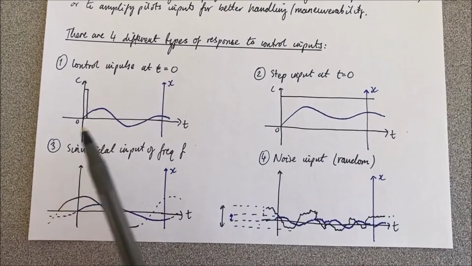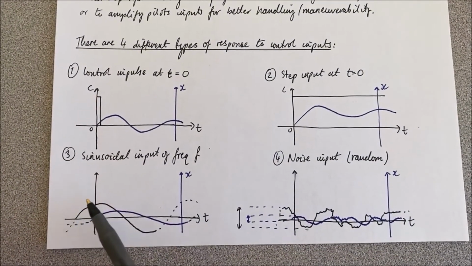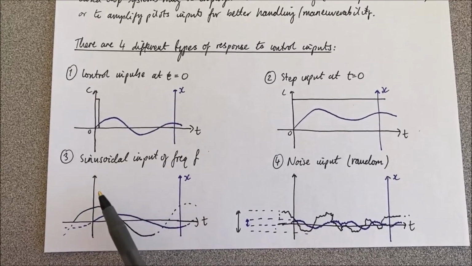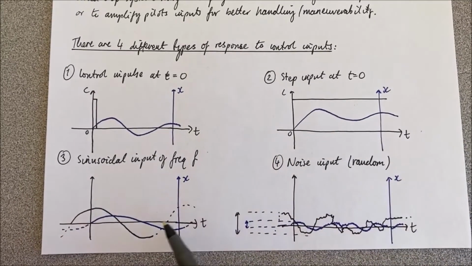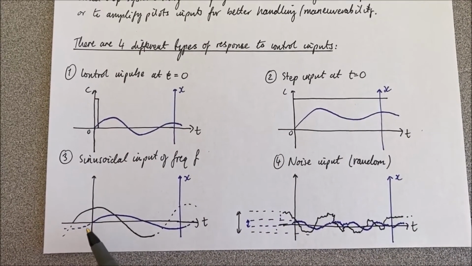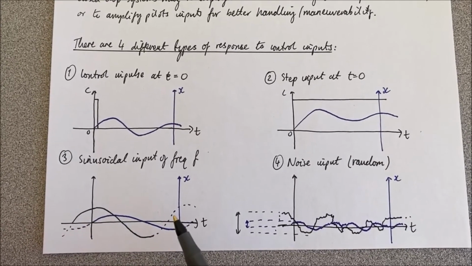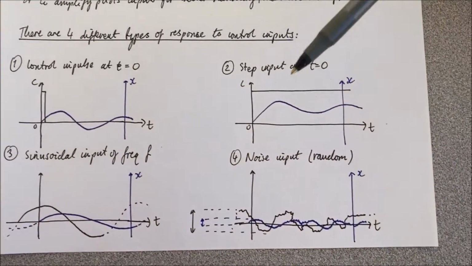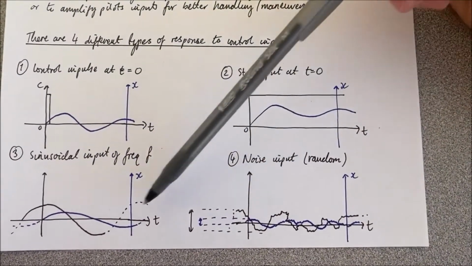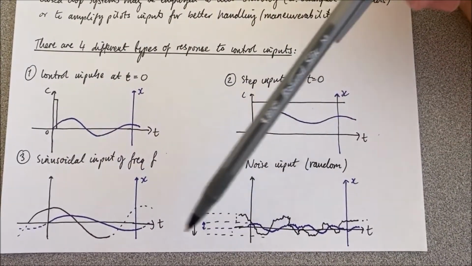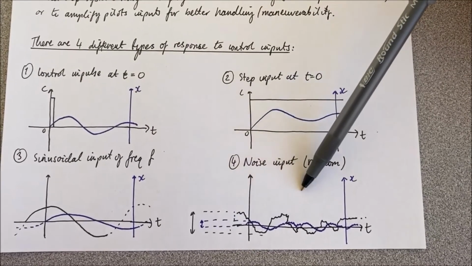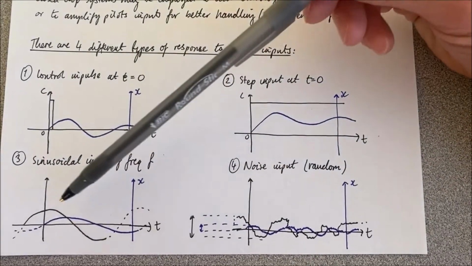The third one here describes what happens if we make continuous changes of the control input. In this case, I've just drawn the output lagging behind and slightly damped. And the final one is similar to that, so it's a continuous change in input, but in this case it doesn't follow a set pattern.